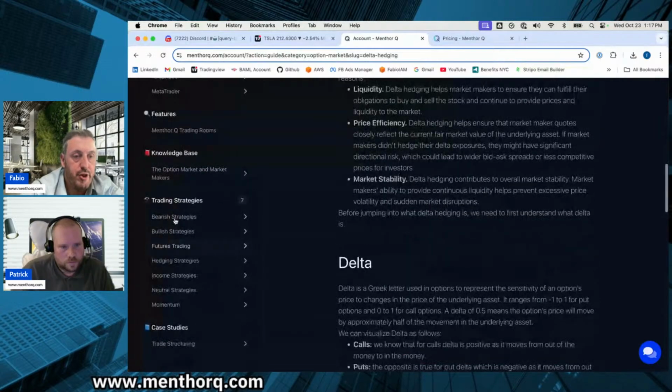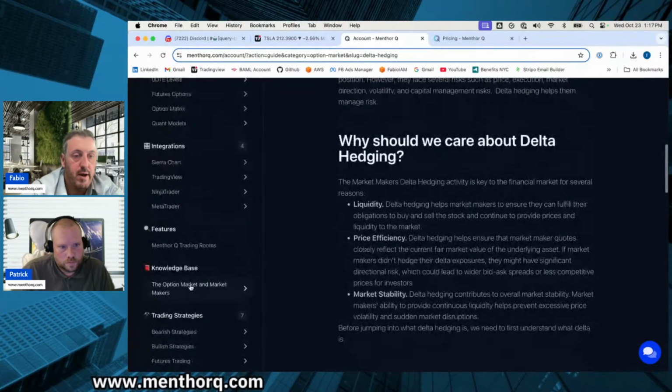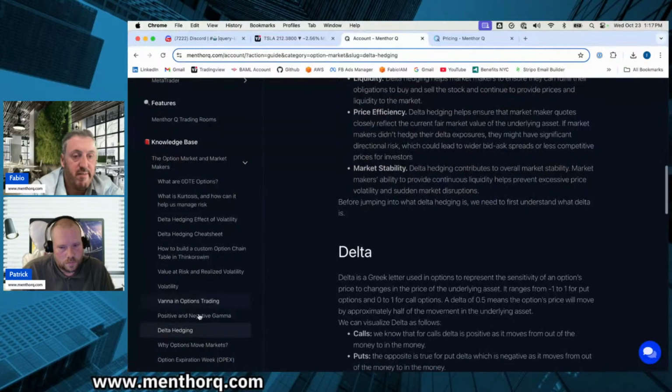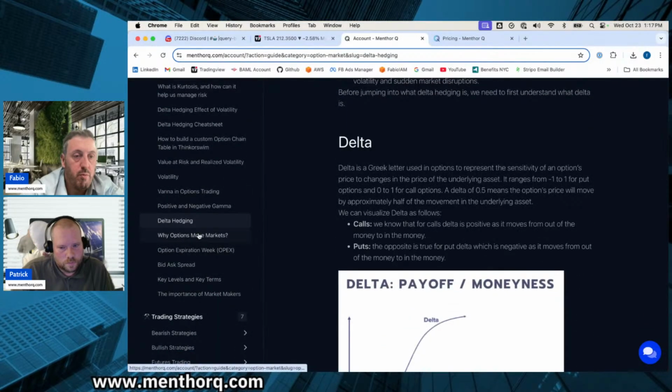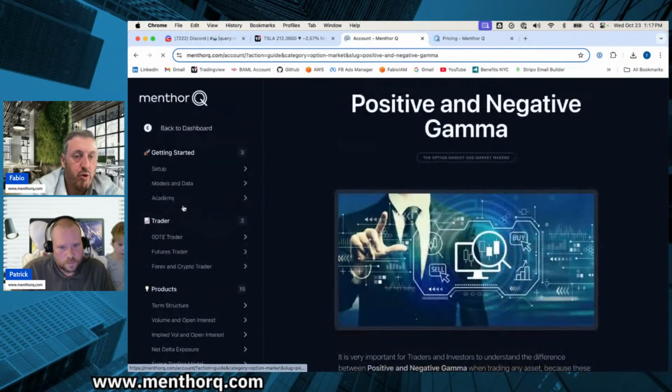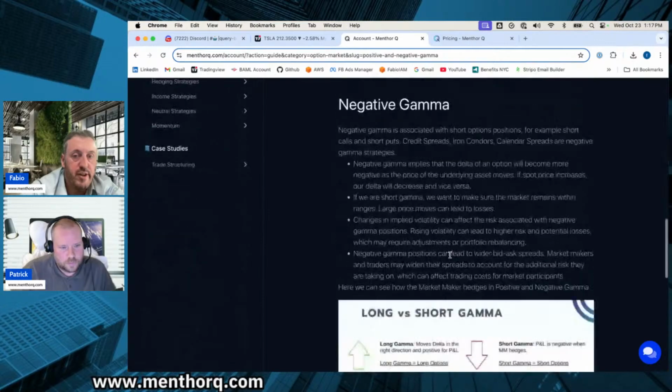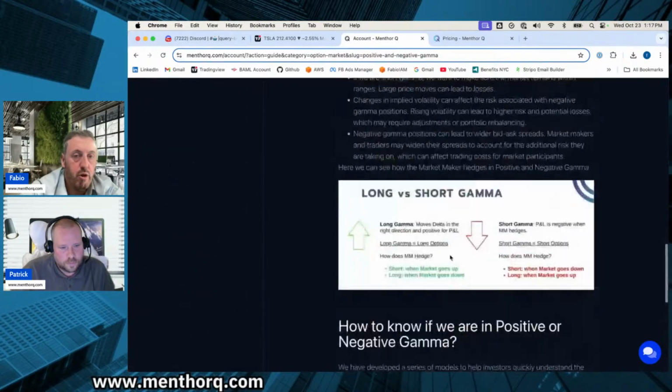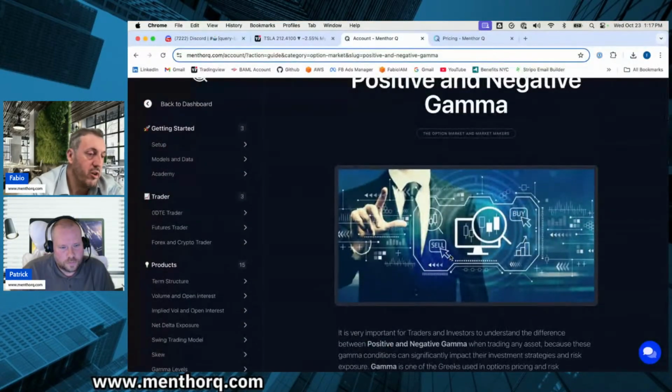Then we have a cheat sheet and a lot of other documentation. On positive and negative gamma, we have documentation here too. Here you see all the things you need to know to understand the concept. Everything is right here for you guys.